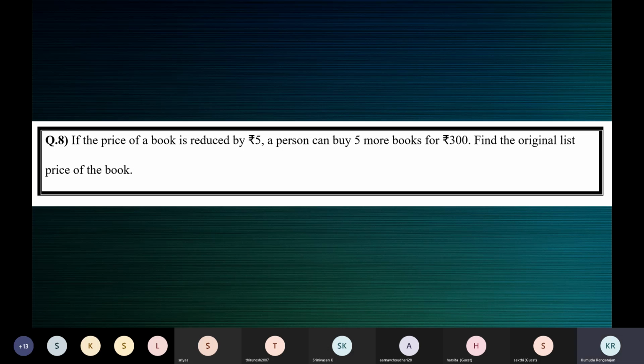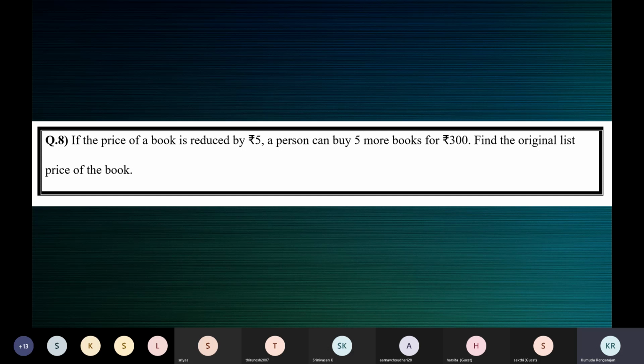Let the original list price of the book be rupees X. What's the new price then? Because we have to find the original price, let's assume the original price is X. If the original price is 60, then the new price is 50.